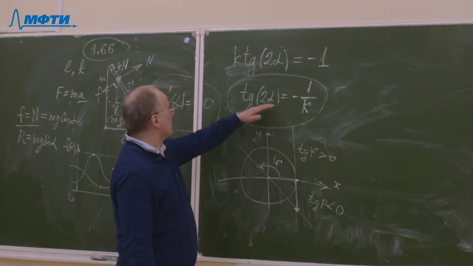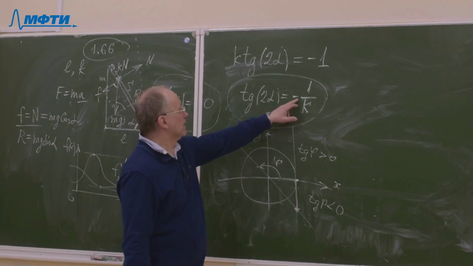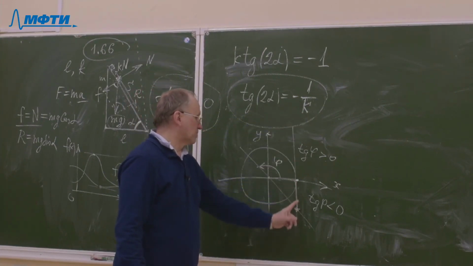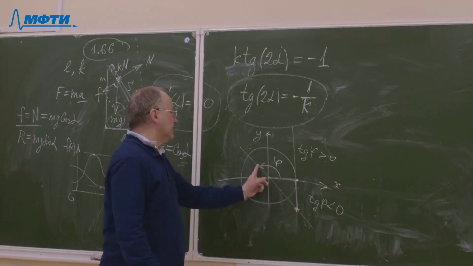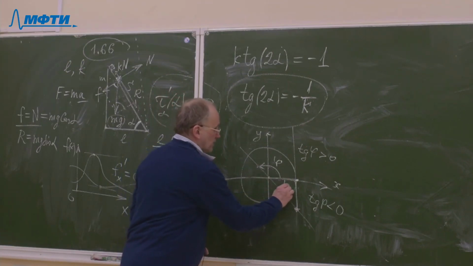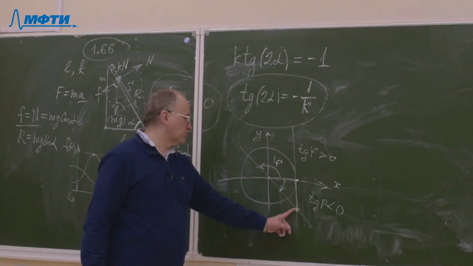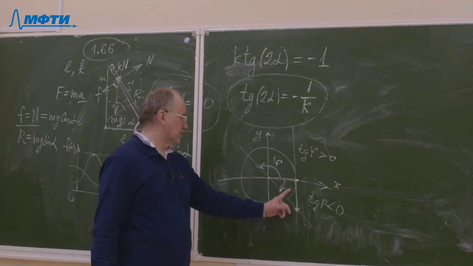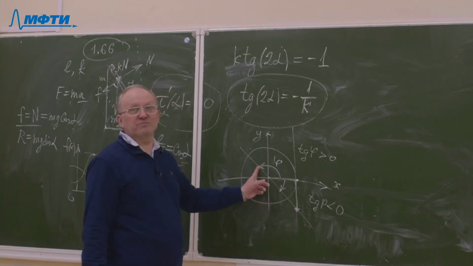So if we have tangent of some angle as a negative number, it must be found here, and the angle will be either here or here. So a negative tangent corresponds to 2 possible angles, one negative and another positive.